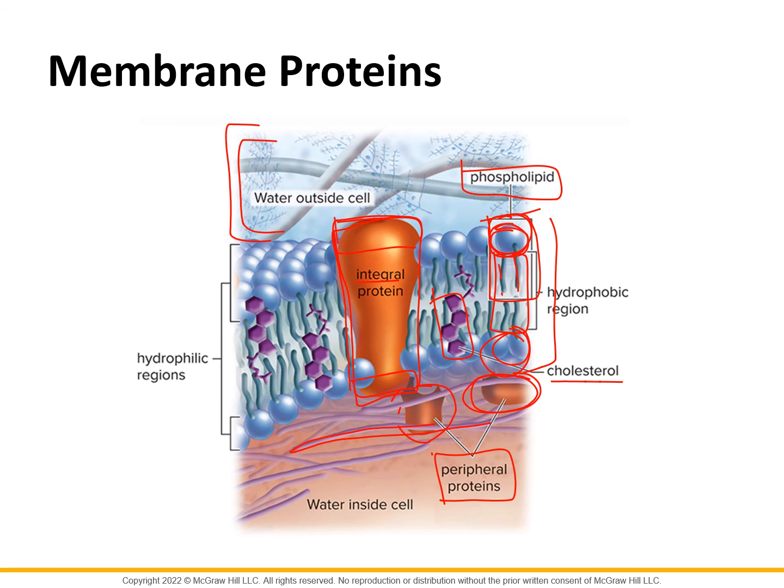So they'll have one end that is hydrophilic interacting with water outside of the cell, and the other end is hydrophilic interacting with the water inside the cell. But they also have a hydrophobic region, and the hydrophobic region is interacting with those nonpolar tails from the phospholipids. So that allows these transmembrane proteins, integral proteins, to remain embedded in the membrane because they have those different regions.